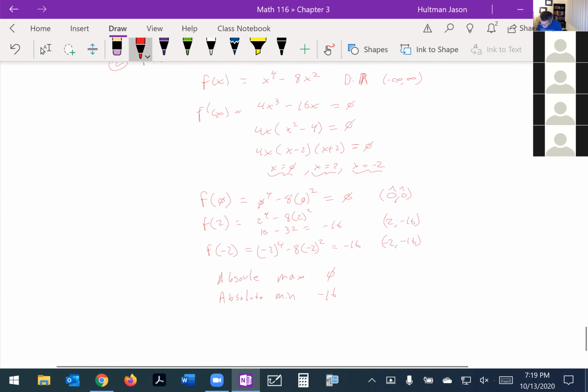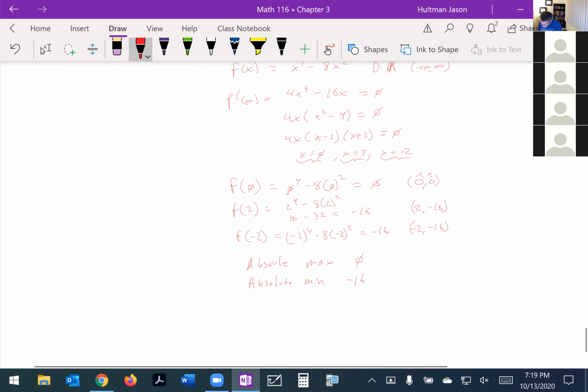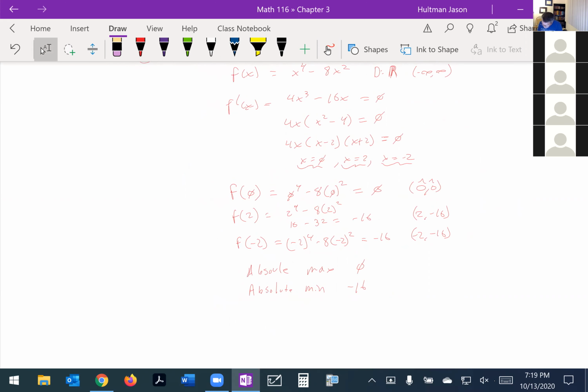Let's look at the nature of the function that we're dealing with. The function is x to the 4th minus 8x squared, f of x. If x goes to infinity, what happens to f of x?